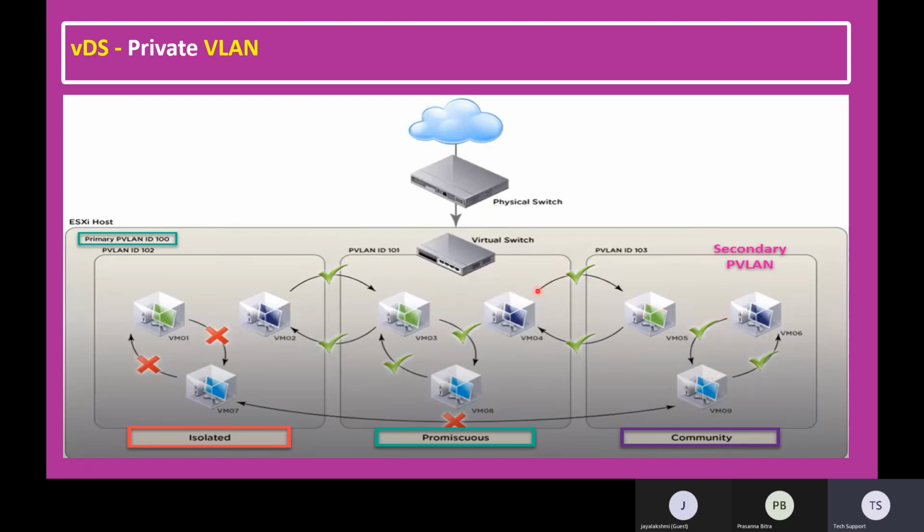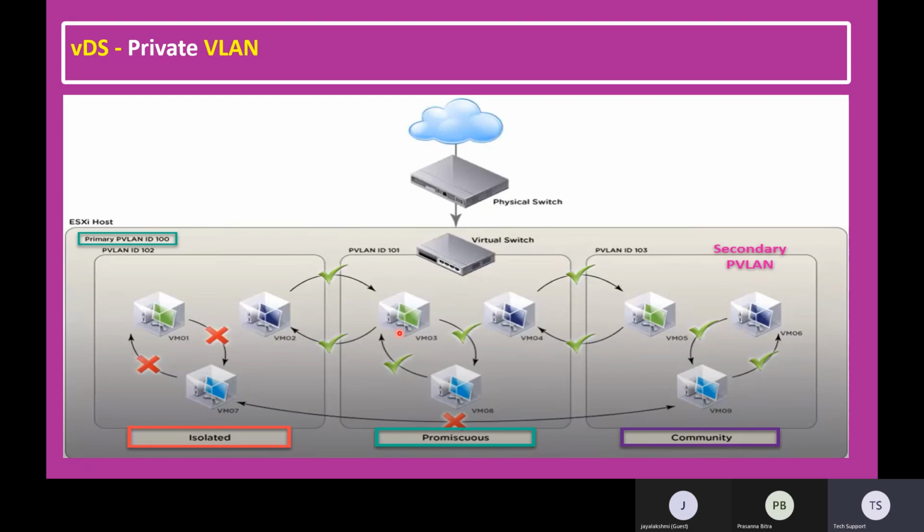It will also communicate with the promiscuous mode, but it won't communicate with the isolated. The isolated network's main purpose is that it won't communicate within the isolated network or with the community; its only facility is that it will communicate to the promiscuous mode.